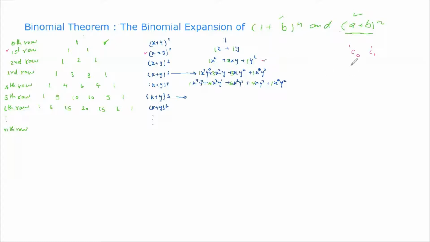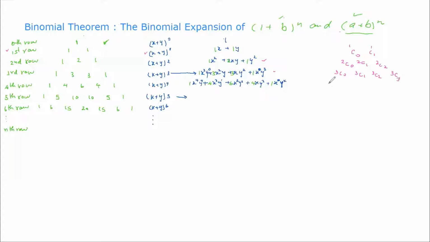Okay, second row here is gonna be, because it's the second row, you start from 2C0, 2C1, 2C2, and the third row here is gonna be, because it's the third row, you start from 3C0, 3C1, 3C2, and 3C3.